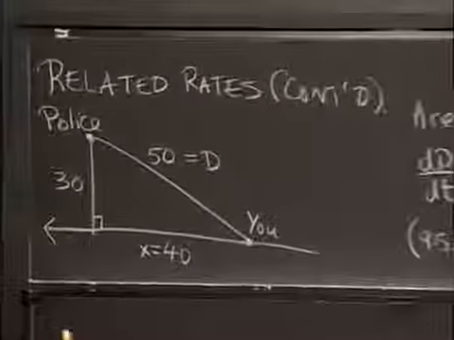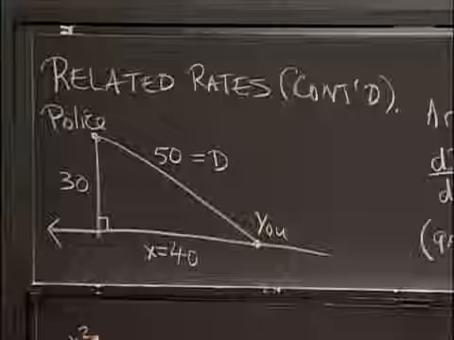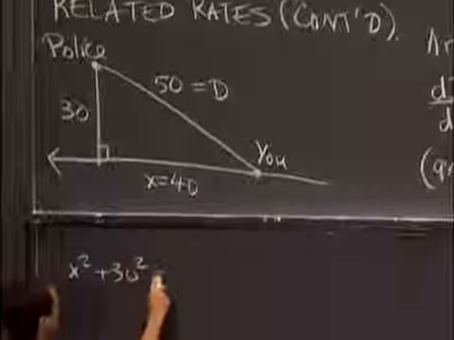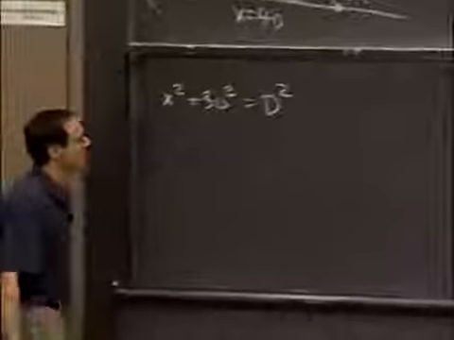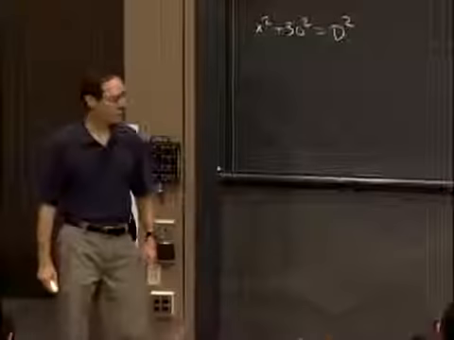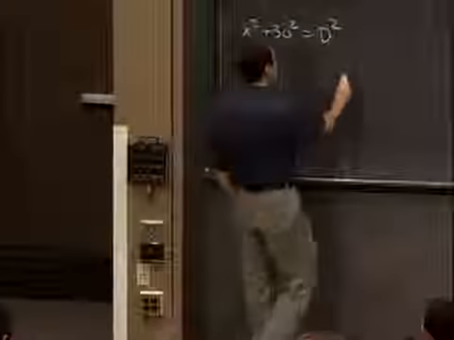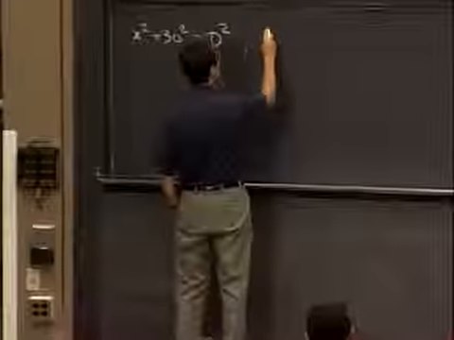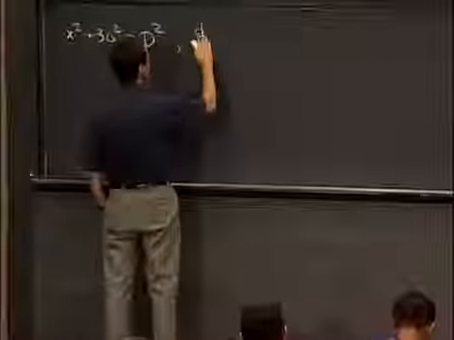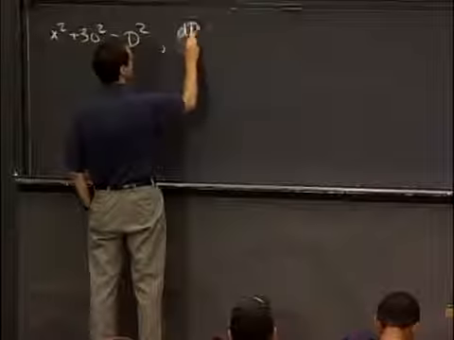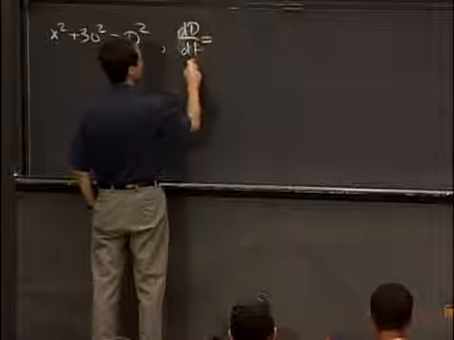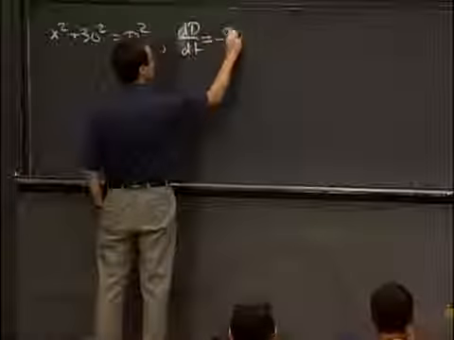The relationship is that x squared plus 30 squared is equal to d squared. That's the first relationship that we have. And the second relationship, which we've already written down, is dd/dt is equal to minus 80.